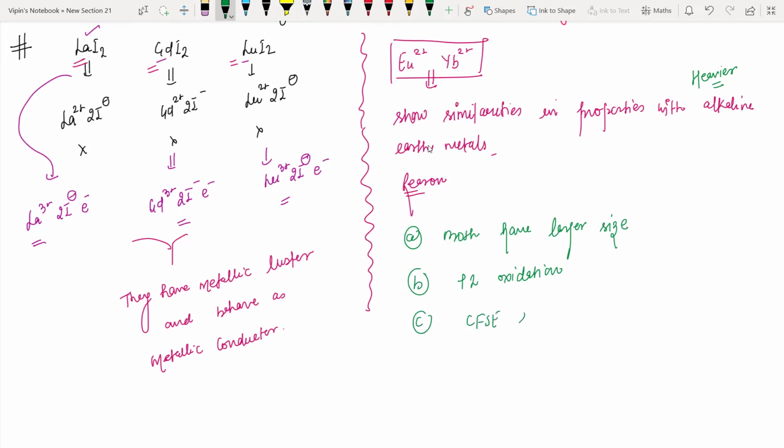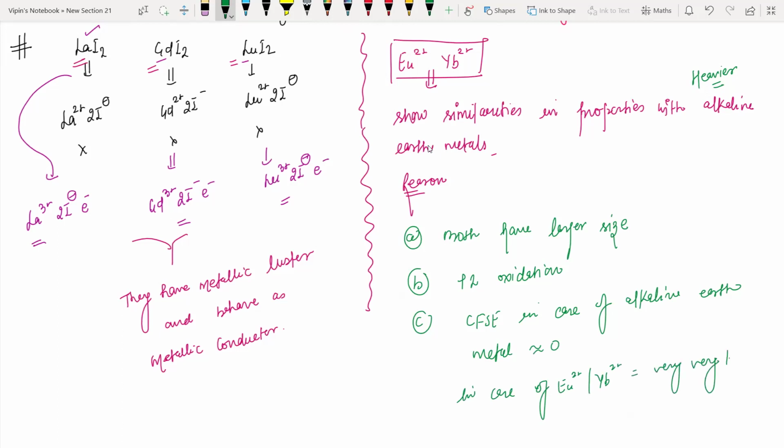CFSC in case of alkaline earth metal is nearly zero. In case of Eu2 plus and Yb2 plus it is very, very less. Why very, very less? Because 4f orbitals are present deep inside, therefore they have poor interaction with the surroundings.